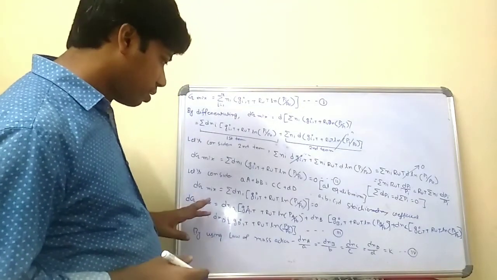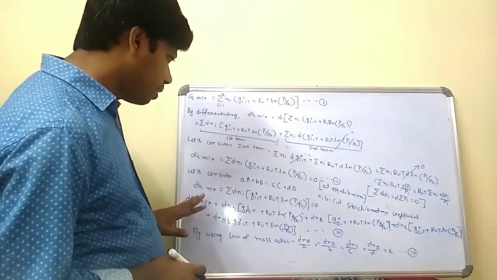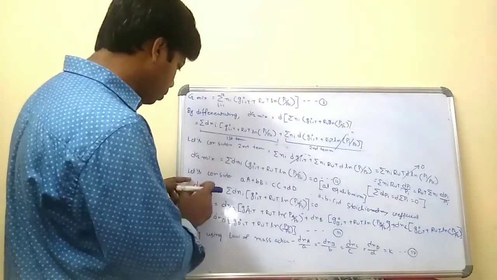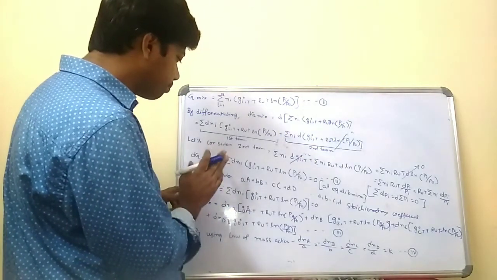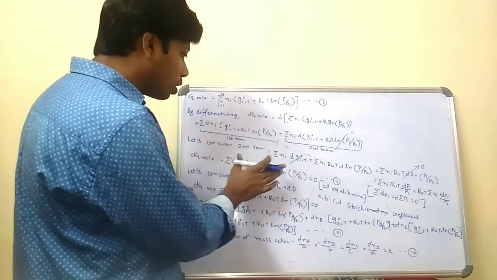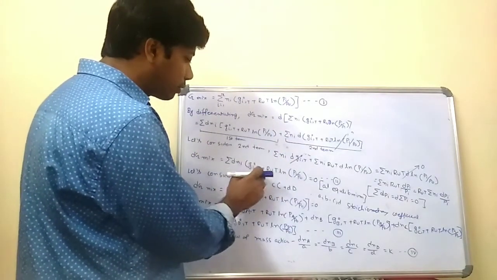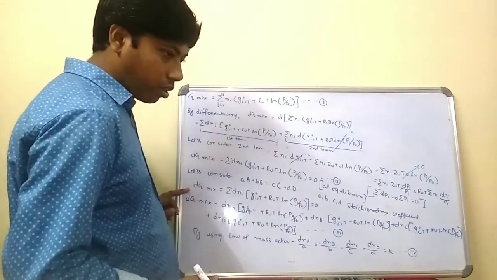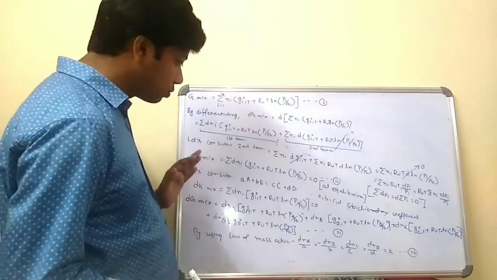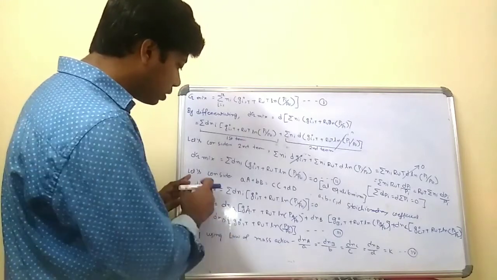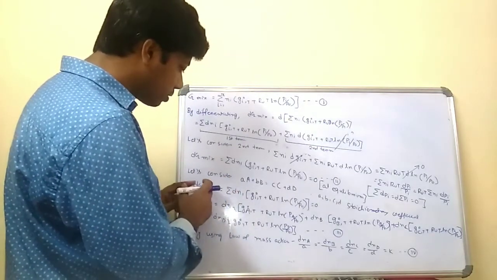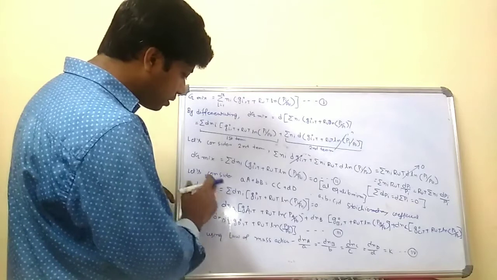To reach equilibrium for a particular mixture, we have to calculate the Gibbs free energy for the ith species and differentiate dG mixture for this equation.